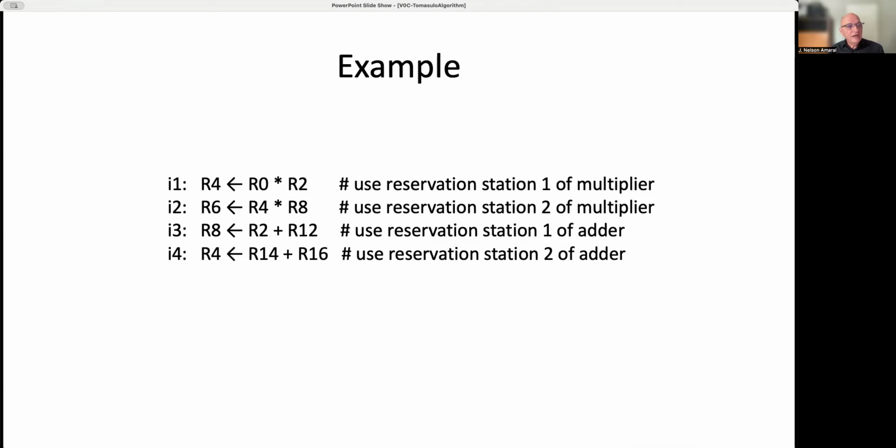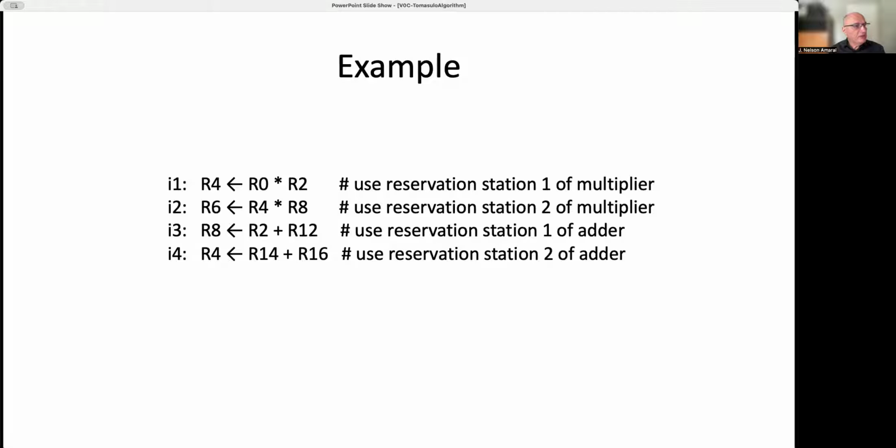So let's look at an example. In this example, I have two multiplications, instructions I1 and I2, and both of them are using reservation entries 1 and 2 of the multiplier reservation station. And then I have two additions, instructions I3 and I4, and they use stations 1 and 2 of the adder.